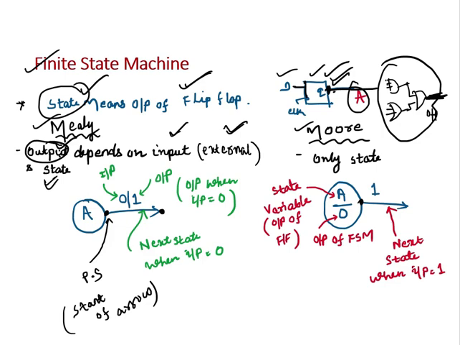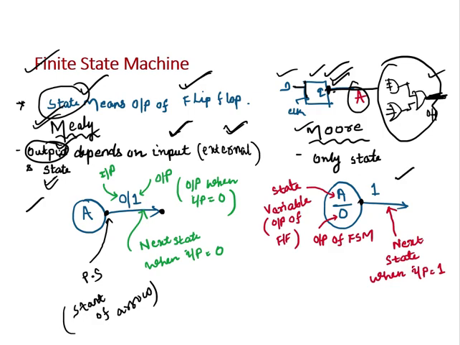Here it is written output depends on input. So this output is the output of this finite state machine, and it interacts with the outside world, and this input is coming from the external world.